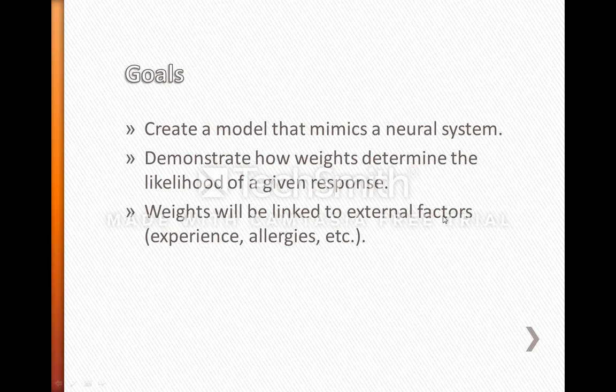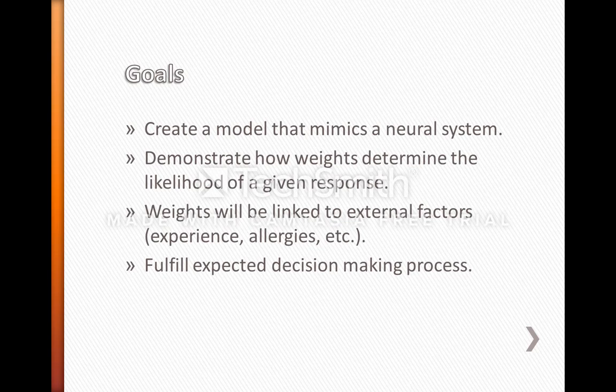We're trying to explain how those weights are linked to external factors, so you're going to see things like proximity, allergies, or prior experience with certain stimuli, and how they factor into given weights. And finally, we want the model to make a decision on a given stimulus, what it's going to choose, and then from there have some kind of output.